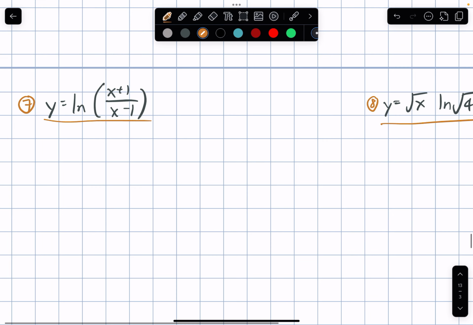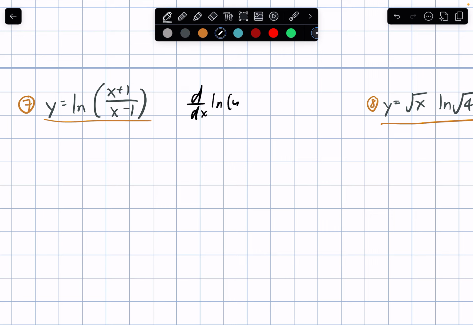Okay, 7. Alright. D over dx ln u is equal to 1 over u times du over dx. So, what do we do? Okay, I sense a quotient rule under this process.